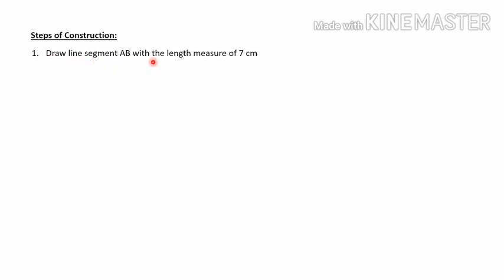Next, we have to write the steps of construction. I request all the students to write the steps of construction using your own sentences. Please do not copy the steps of construction from anywhere. The first step is draw line segment AB with the length measure of 7 cm. Second, draw a ray AX that makes an acute angle with the line segment AB.